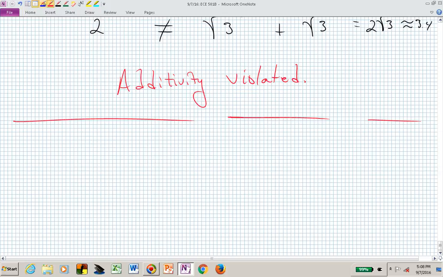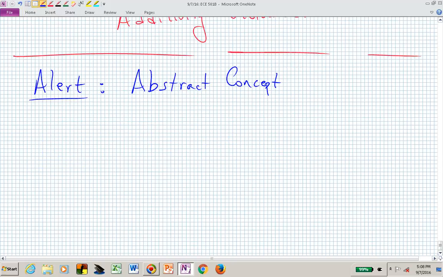Let's look at something that will really make your head hurt, maybe. And talk about an abstract concept, which is the following, that we can actually turn linear maps into a vector space.